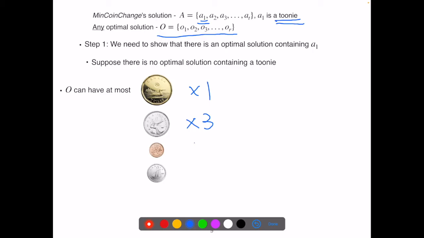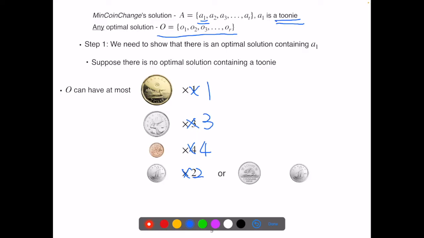So O can have at most 4 pennies, because if there are 5 pennies, we can replace those 5 coins using 1 nickel. For dimes, O can have at most 2 dimes. Otherwise, we can replace 3 dimes using 1 quarter and 1 nickel.